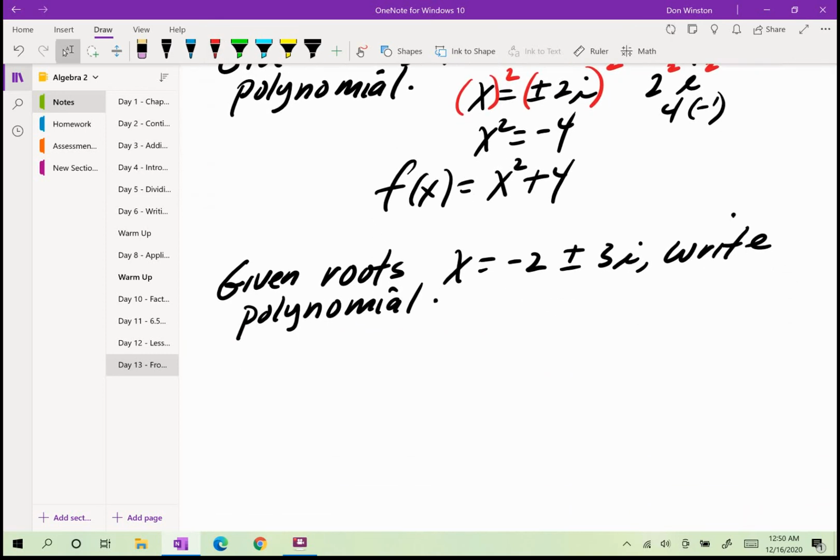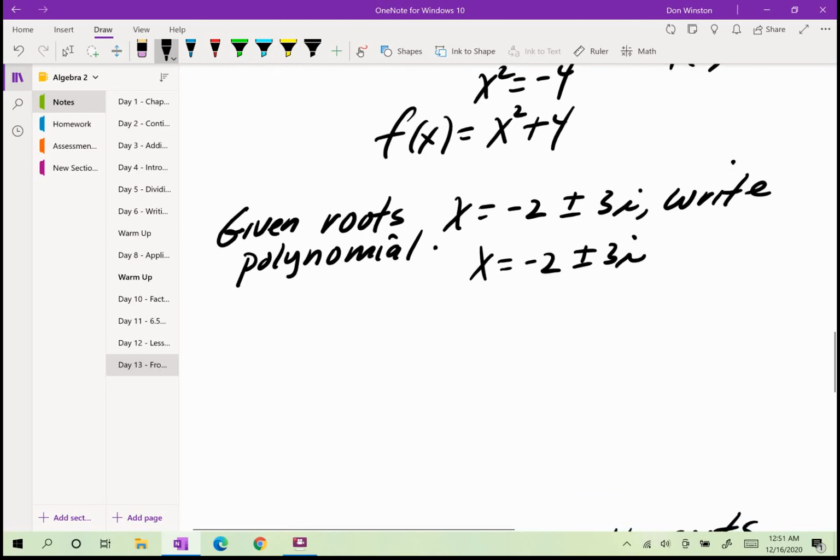And then let's look at the other one. And again, the process is just the same as we saw for irrational roots. So here I have x equals negative 2 plus or minus 3i, and I want to write a polynomial given those roots. So I'll add 2. So x plus 2 equals plus or minus 3i.